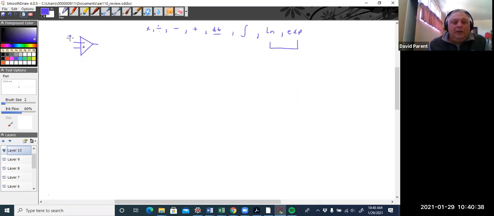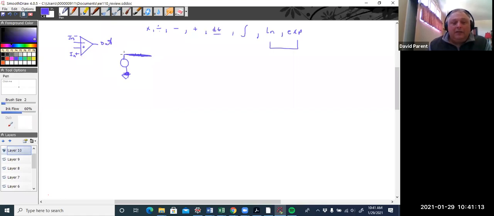So this is in minus, in plus, and this is out. And inside, there is a voltage source, and it's a behavioral voltage source.